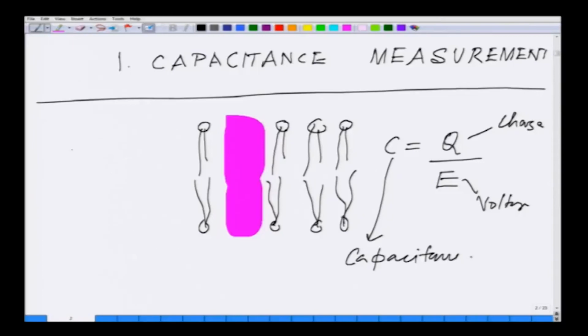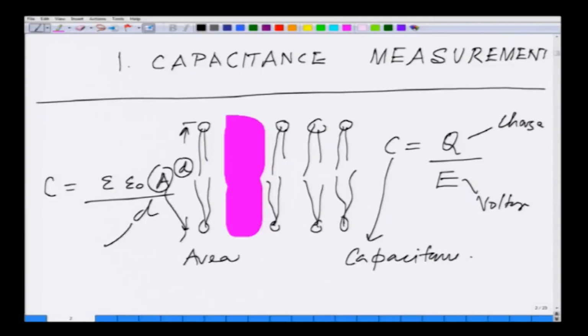Further, you can derive capacitance as epsilon A by D, where D is the distance between the plates, A is the area of the whole membrane, and epsilon is the permittivity of the membrane. In free space, your epsilon 0 will be 8.85 times 10 to the power minus 12.